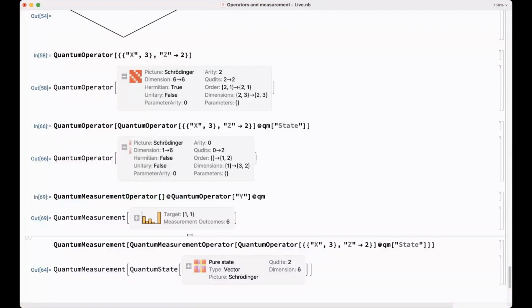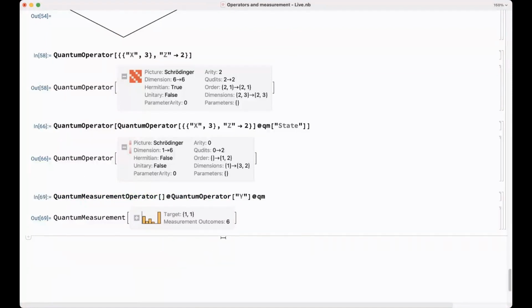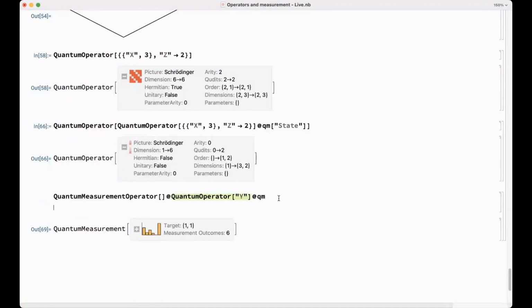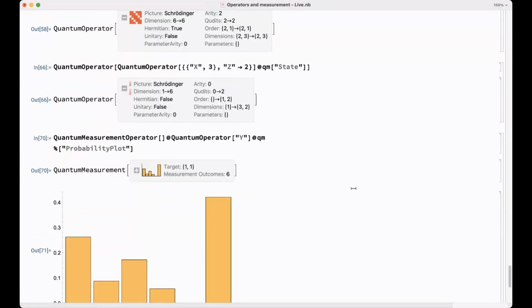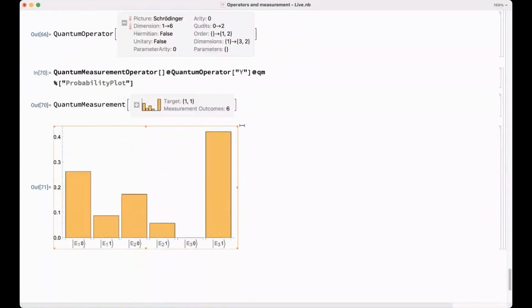What's happening here, you see, is that Nick is applying a Pauli Y operator on the first qubit, and then he does another quantum measurement on top of the first qubit. We can do it only because behind the scenes we are going to those higher dimensions without showing it to you, so you don't see it immediately. But if we ask for the state of the quantum measurement, they can see it.